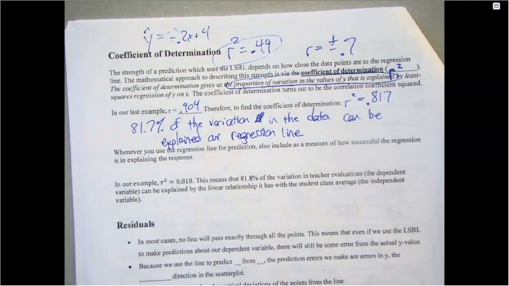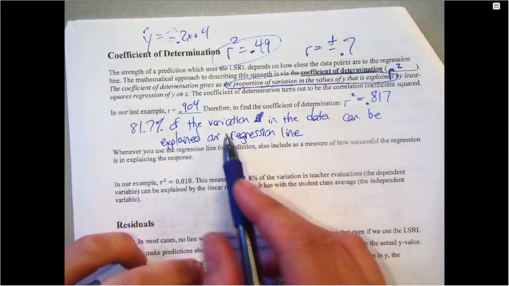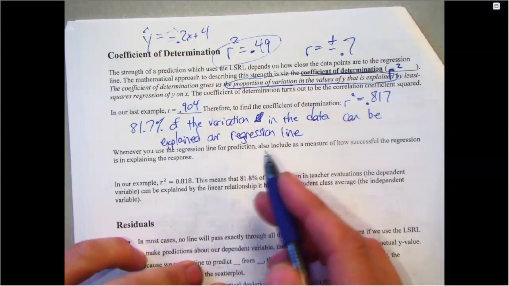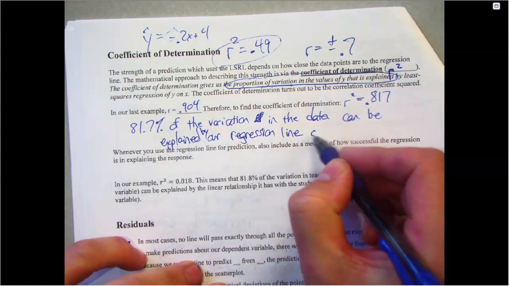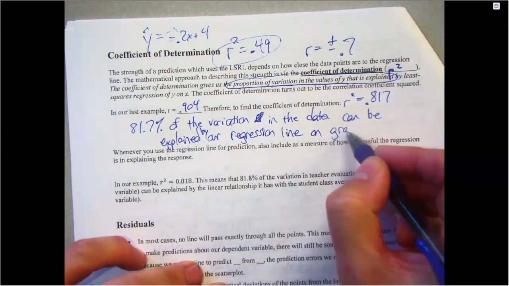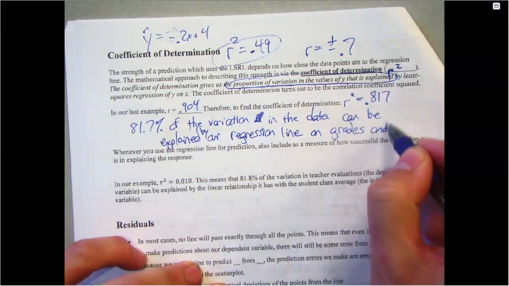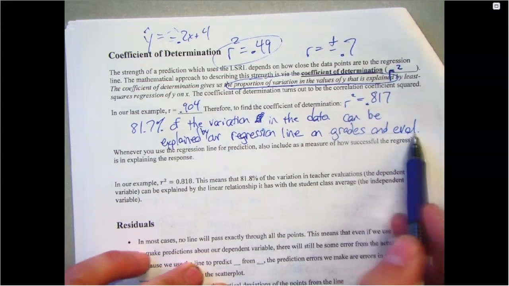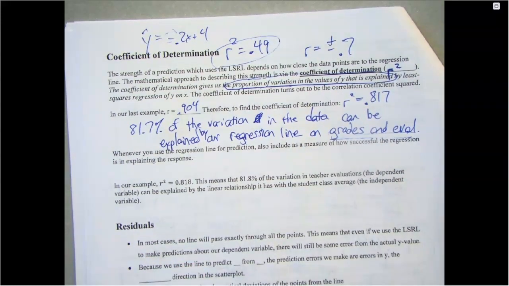But if I stop there, what am I missing? Someone just said it. Context. So can be explained by our regression line on grades and evals. So you're putting the context in, like labeling your graph.